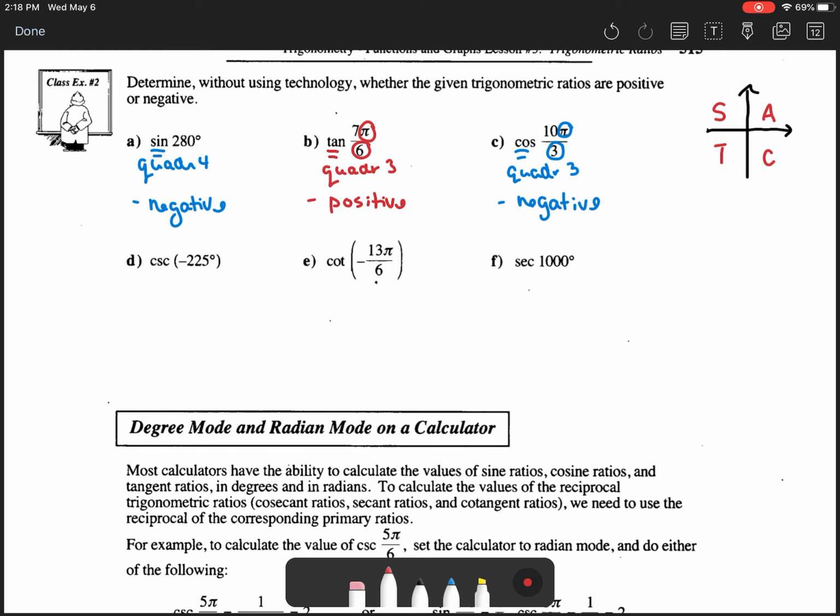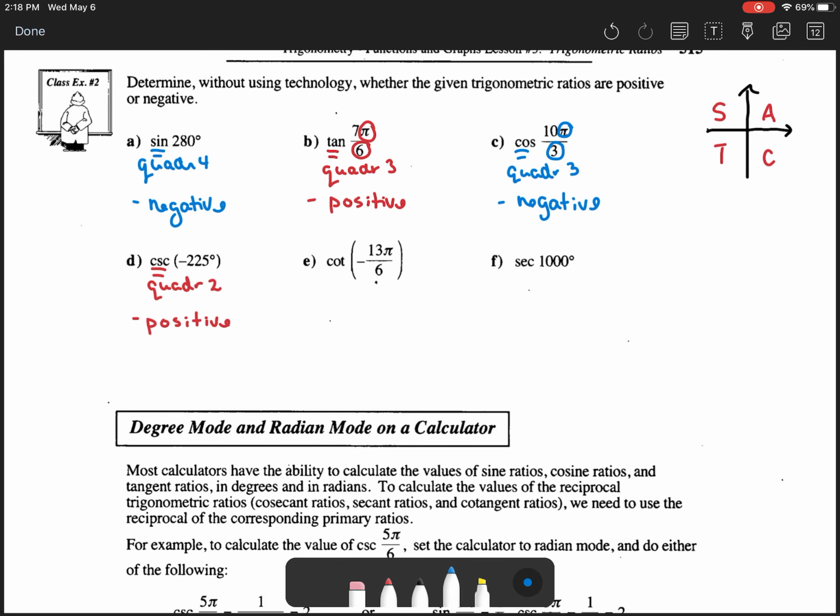So you're going to go 225 degrees in the clockwise direction. That's going to take you into quadrant 2. So if I'm in quadrant 2 and I'm dealing with cosecant, which is like dealing with sine, that means that value is going to be positive. Sine is positive in quadrant 2, so therefore so is cosecant.